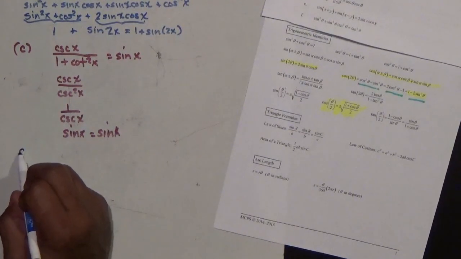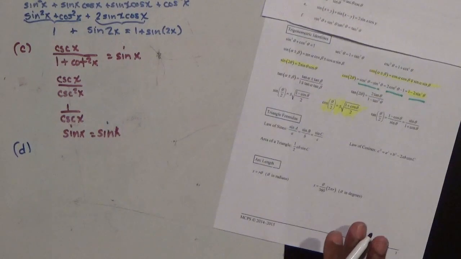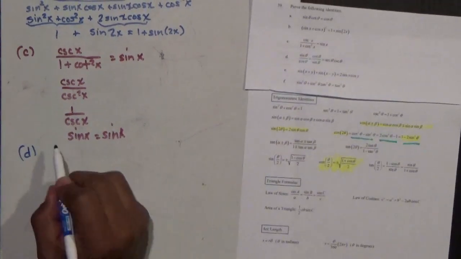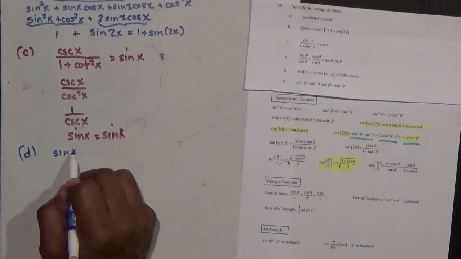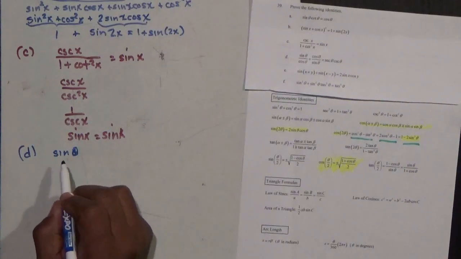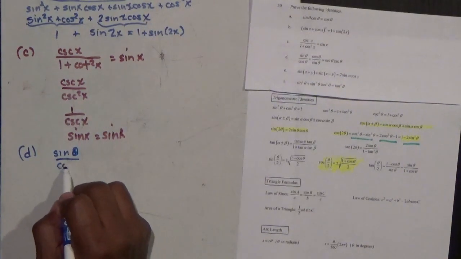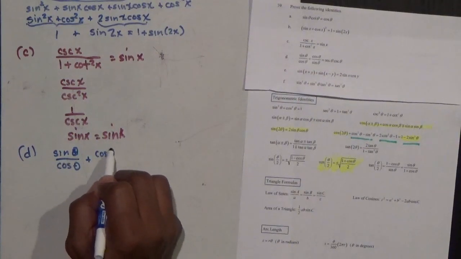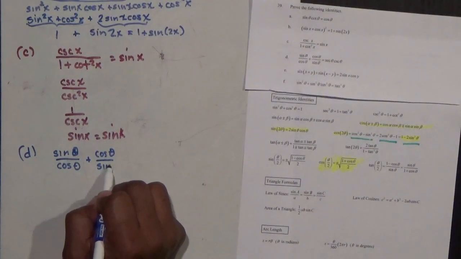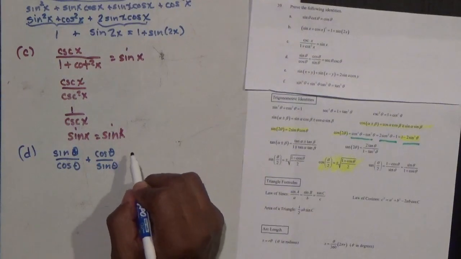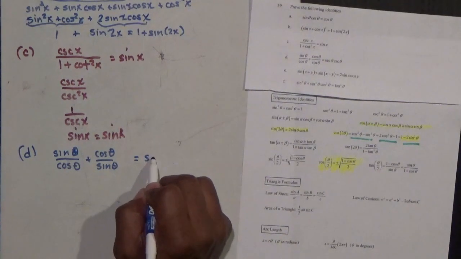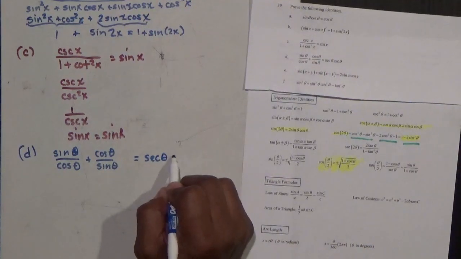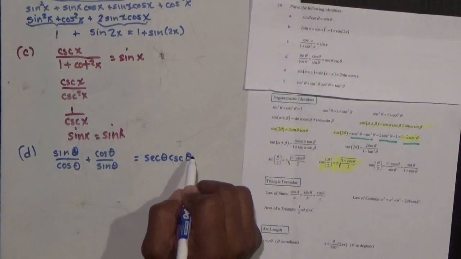D is sine theta over cosine theta plus cosine theta over sine theta is equal to secant theta cosecant theta.